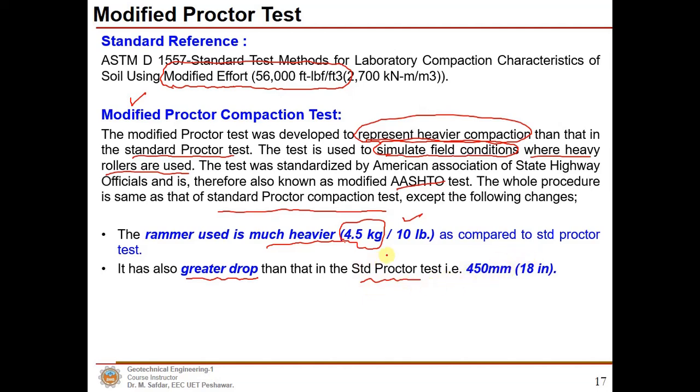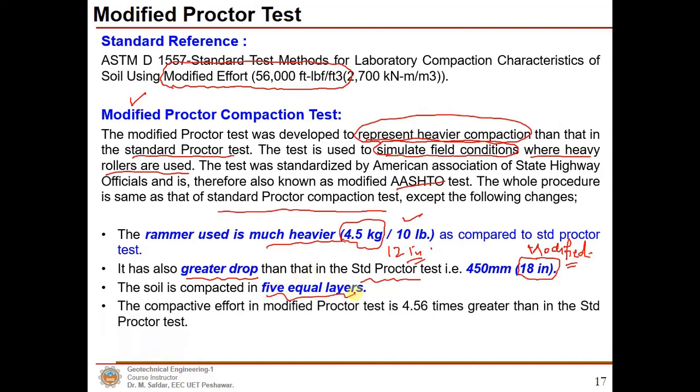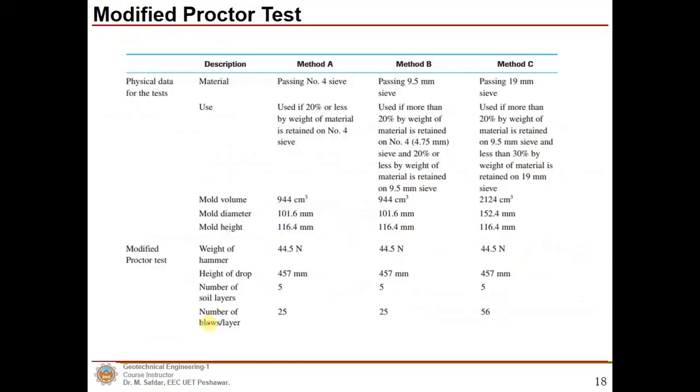For example, in the standard Proctor test that was 12 inches, and in the modified Proctor test this is 18 inches. The soil is compacted in 5 layers, and the compactive effort in the modified Proctor test is 4.56 times greater than the standard Proctor test.